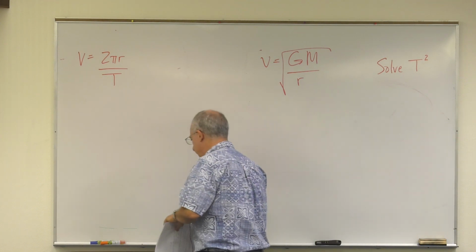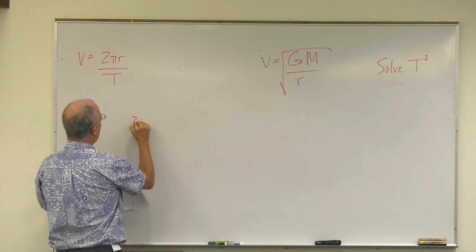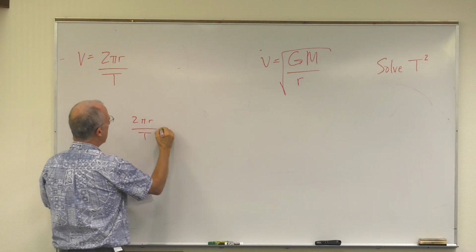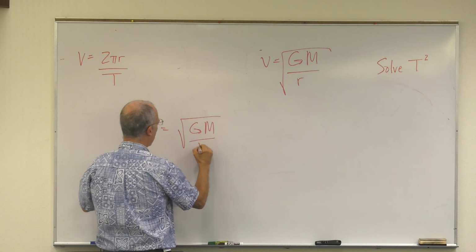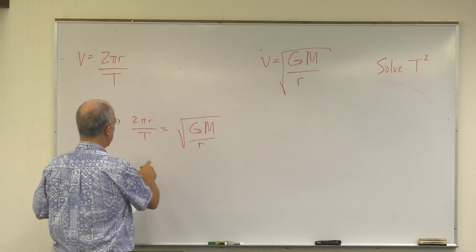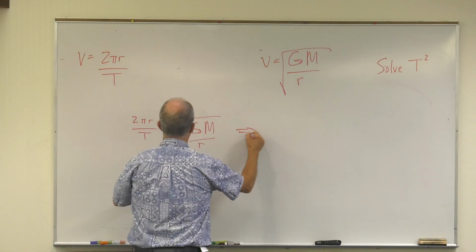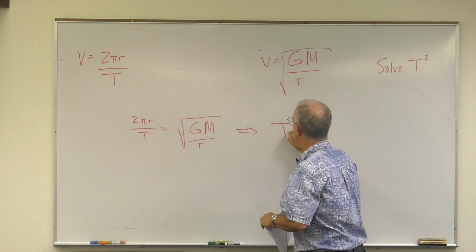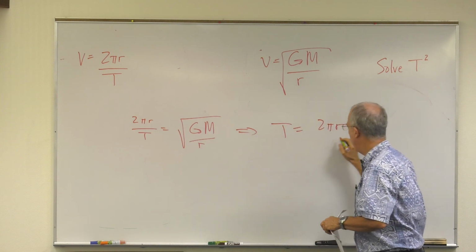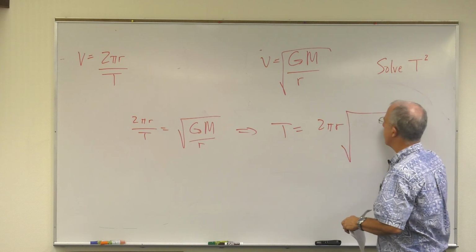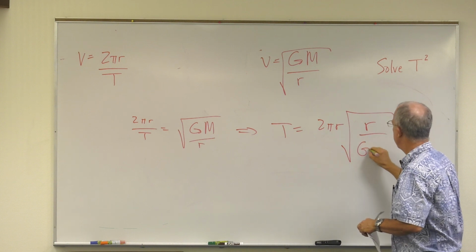Okay, so I'm assuming you did it. Let's do it together. So we have 2 pi r over t equals square root of gm over r. So let's just solve for t. So we're going to flip it. So t is equal to 2 pi r multiplied by square root of r over gm.